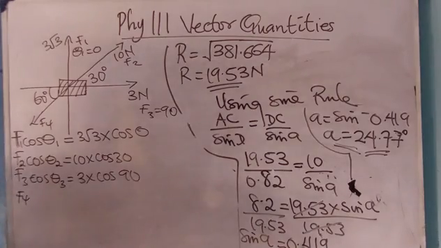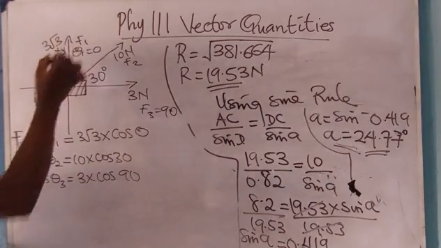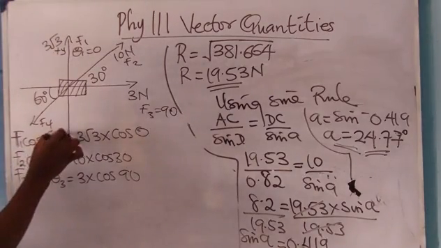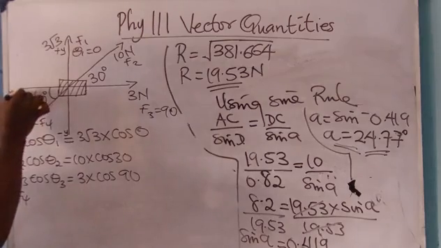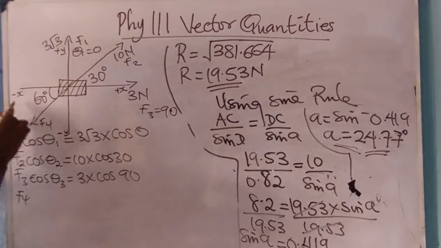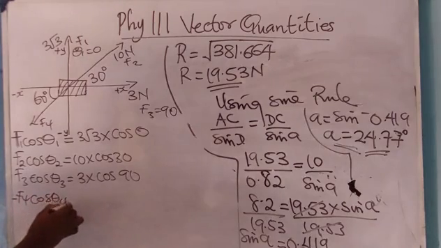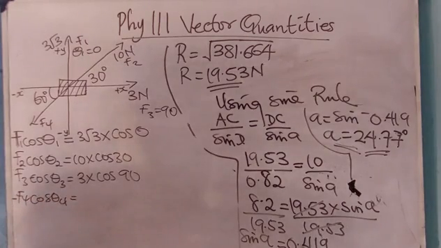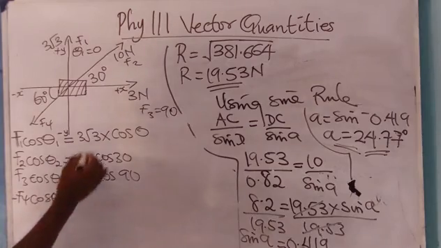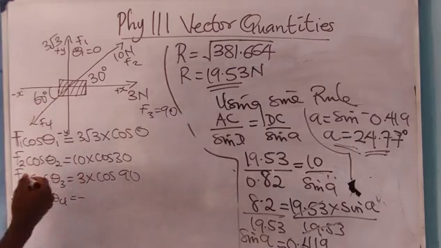F4. Okay, now look at this. I told you this is positive y, this is negative y, this is negative x, and this is positive x. Now S4 is negative, so you see minus S4 cos theta 4 equals minus, where is the Newton now?